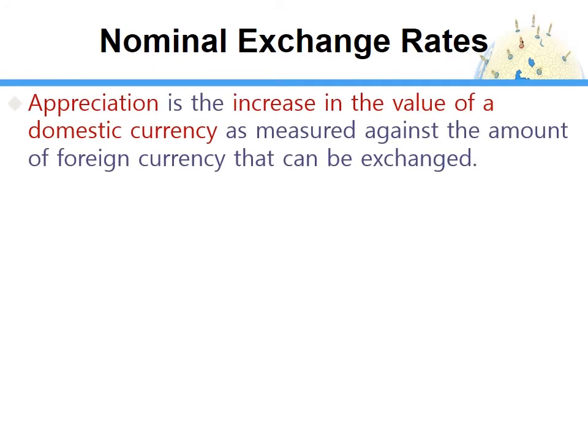And now we can learn about appreciation. What is appreciation? Appreciation is the increase in the value of a domestic currency as measured against the amount of foreign currency that can be exchanged.